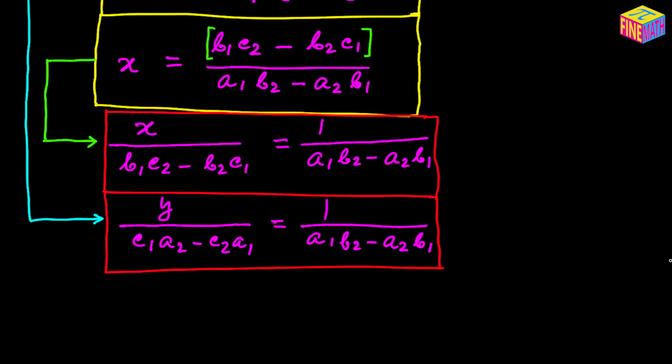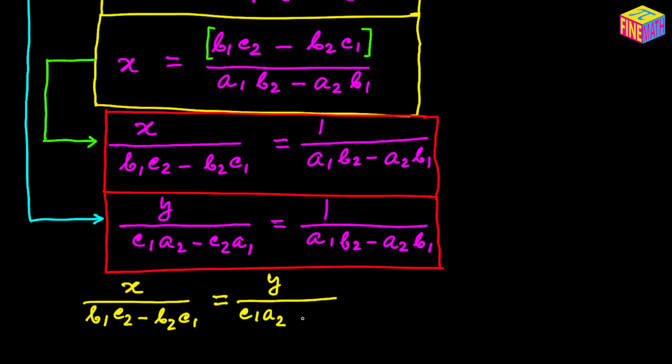We can say that x divided by (b sub 1 c sub 2 minus b sub 2 c sub 1) is equal to y divided by (c sub 1 a sub 2 minus c sub 2 a sub 1), and all of them is equal to 1 divided by (a sub 1 b sub 2 minus a sub 2 b sub 1).